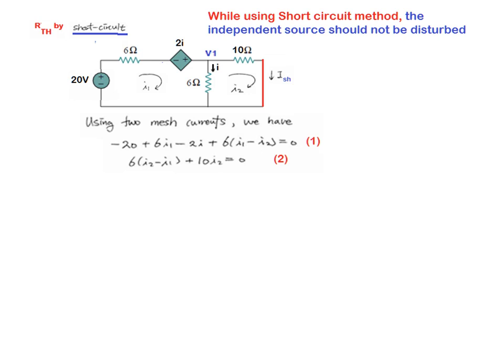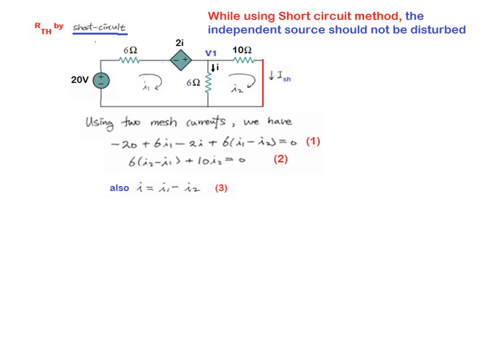Loop 1: minus 20, 6i minus 2i and plus 6(i1 minus i2). This is our first equation. In loop 2 we have the equation 6(i2 minus i1) plus 10i2, and we also have another equation for current I, which is i1 minus i2.